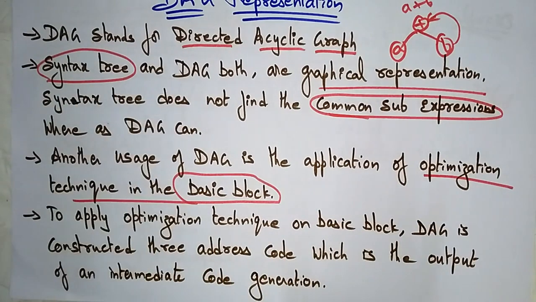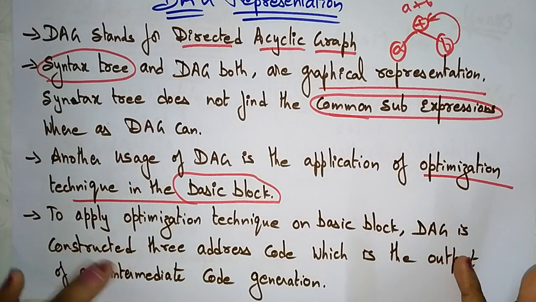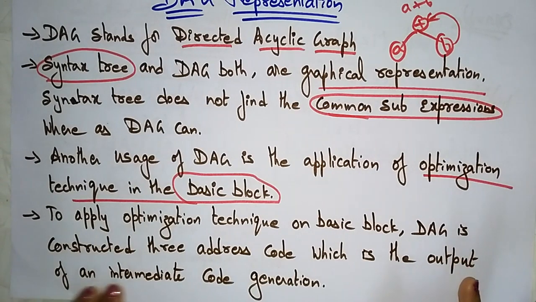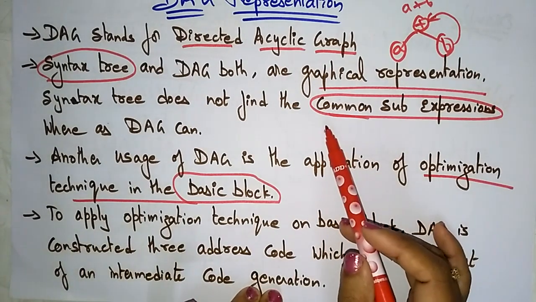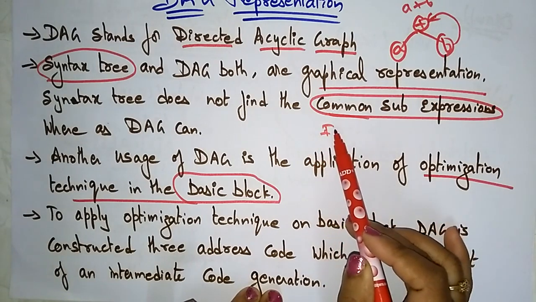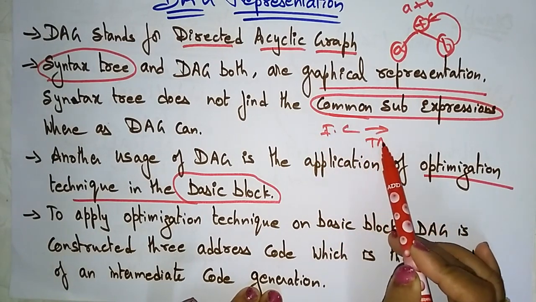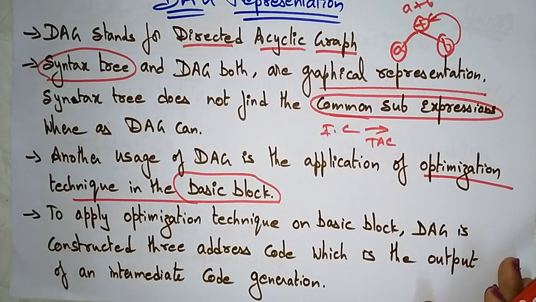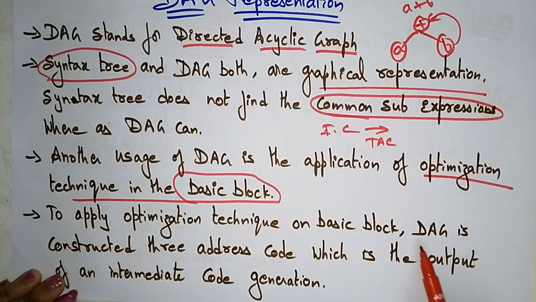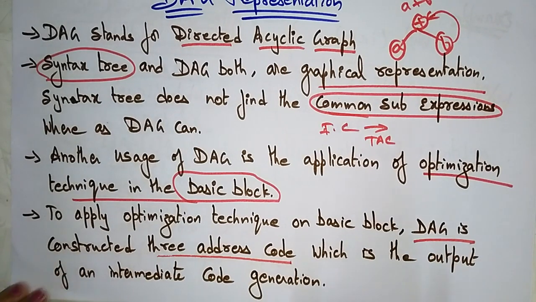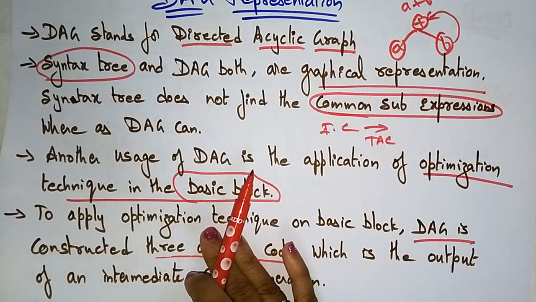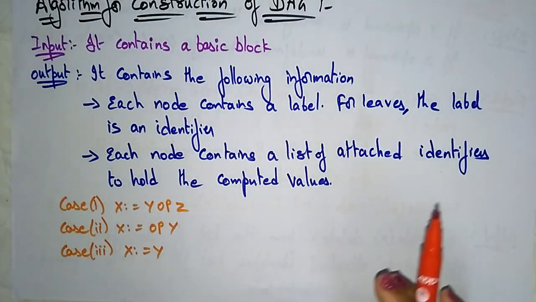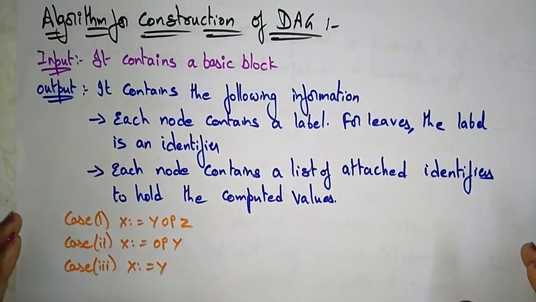Whatever output we get from the intermediate code generation is in the form of three address code. So if you want to apply the optimization technique on the basic block, the DAG is constructed from the three address code. Now let's see the algorithm for the construction of the directed acyclic graph.